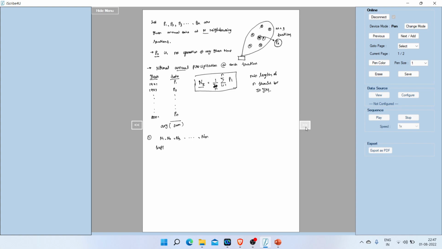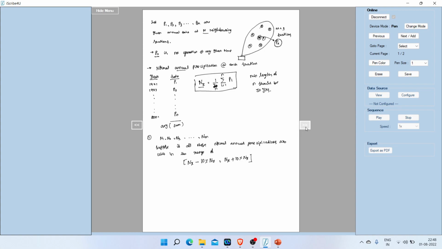Suppose all these normal annual precipitations are within the range of Nx minus 10% of Nx, comma, Nx plus 10% of Nx.